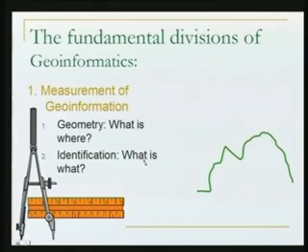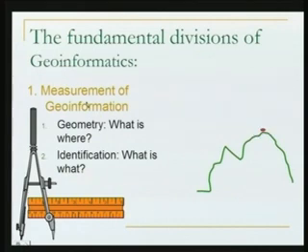Let us take this terrain, or the ground, and on that ground there is a certain object. This object is the geoinformation. Now we want to measure this geoinformation. What is the meaning of that?